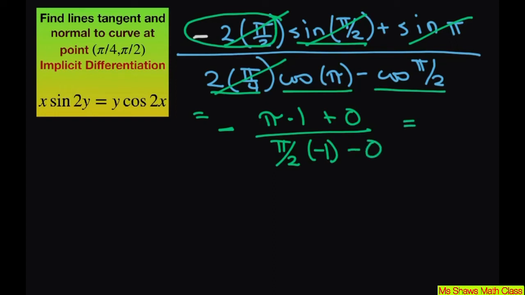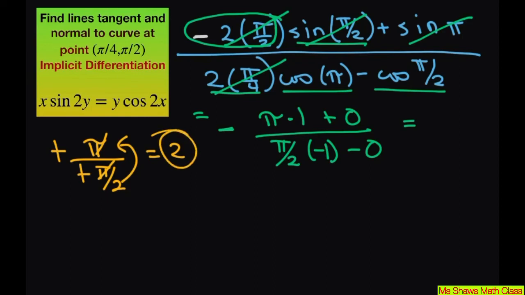Simplifying all this, we get negative pi divided by negative pi divided by 2, so that equals 2. Just bring the 2 up and the pi's will cancel. Two negatives make a positive. So your slope for the tangent line is 2, and the slope for the normal line is negative 1/2.